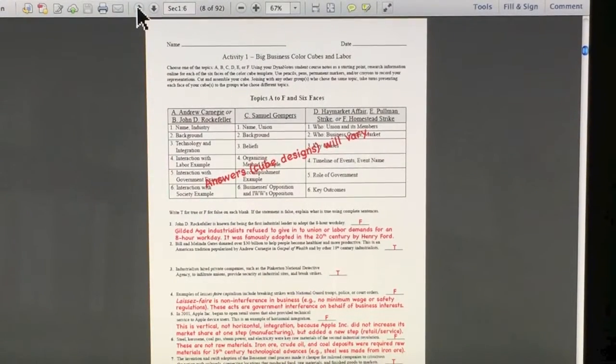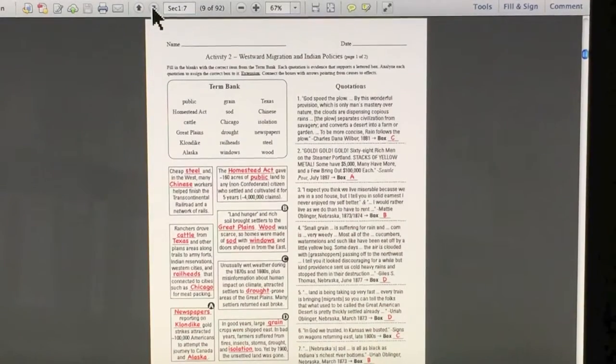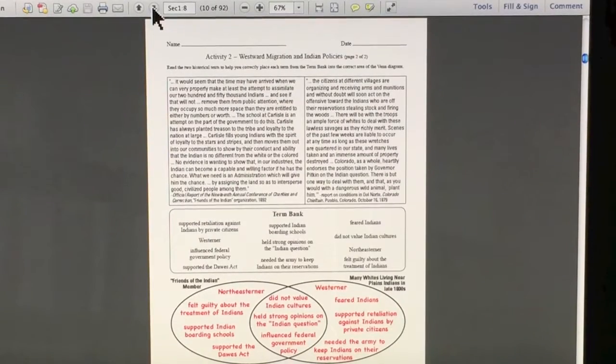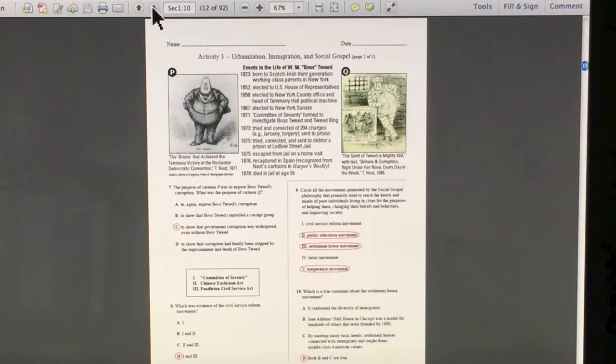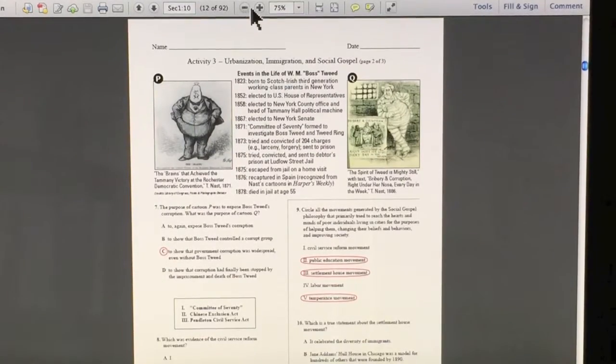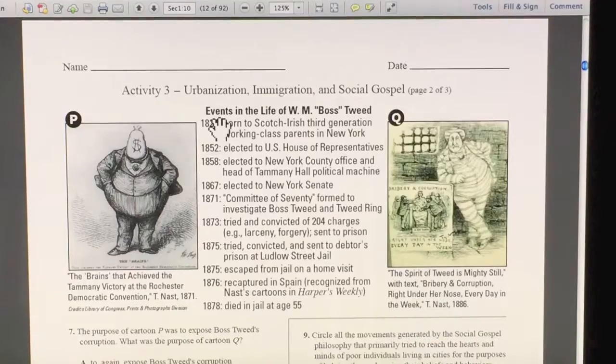There's one other thing I'd like to point out to you, and that is the variety of questions found in the program. After the pretest, which is STAR and EOC-like questions, you'll see that several activities don't look anything like STAR and EOC type questions, but they do involve a lot of the skills that the students will need to be successful. However, here in Activity 3, you can see that there are a few STAR-like questions.